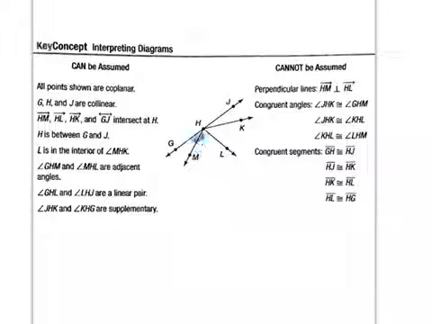Well, you can't assume that because you don't have a box here. That would be information. If there was a box here, you know it's 90 degrees, so you could say perpendicular. So make sure you just understand things that you can do and things that you can't do based on information or just what a picture looks like, because a picture doesn't always give you all that you need to know.